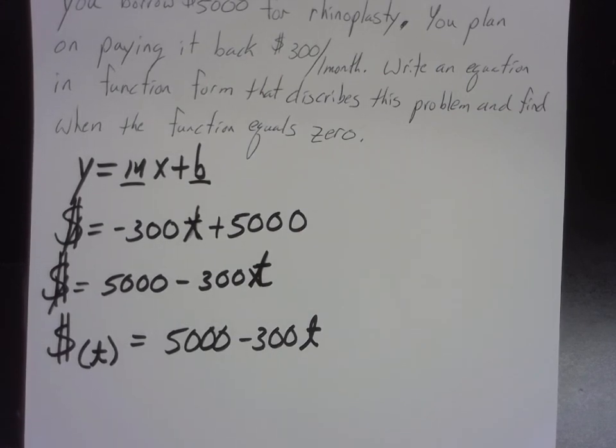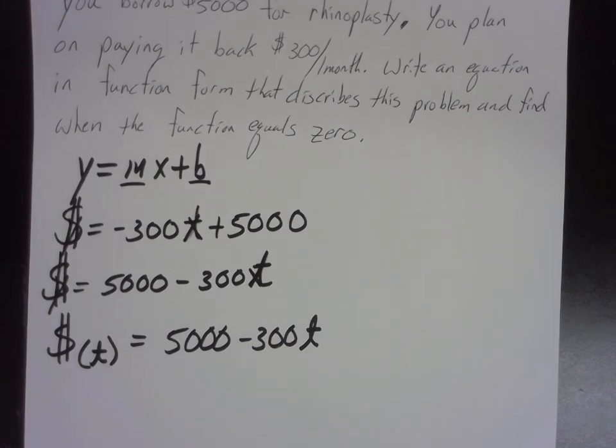Angel, what do I mean when I say find when the function equals 0? Okay. I think I might know. Is it like how many? Yeah, how many? Keep going.